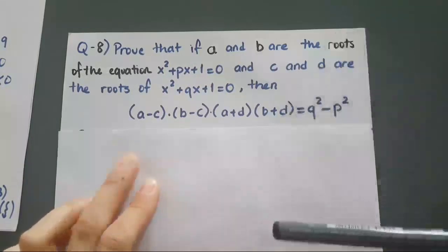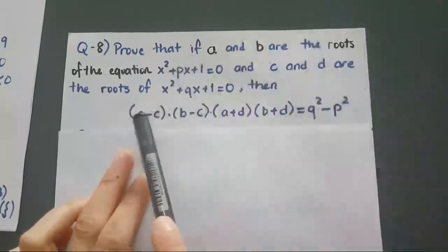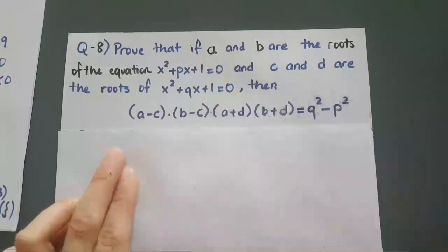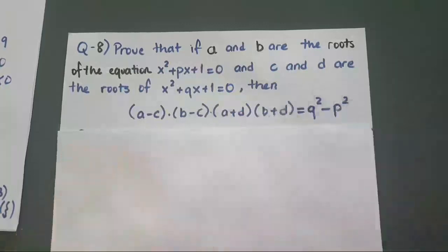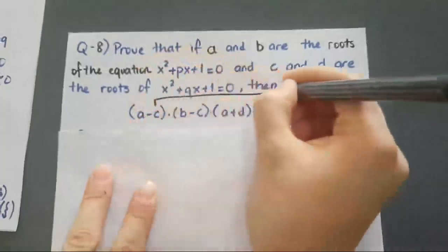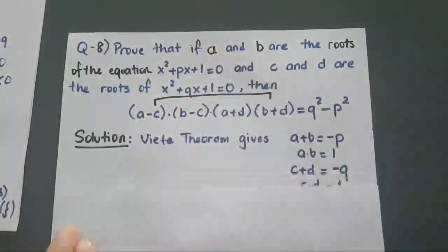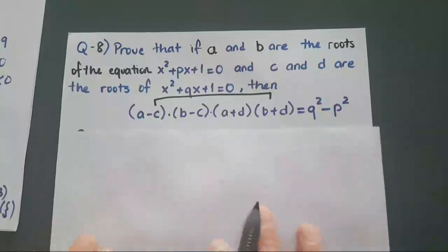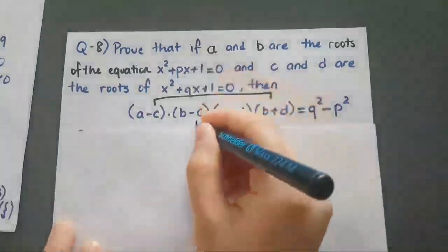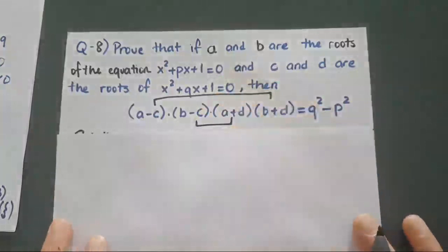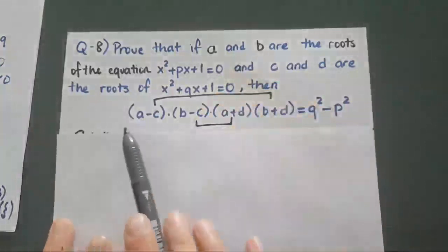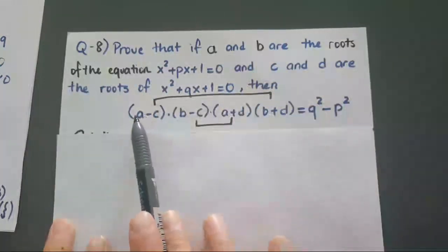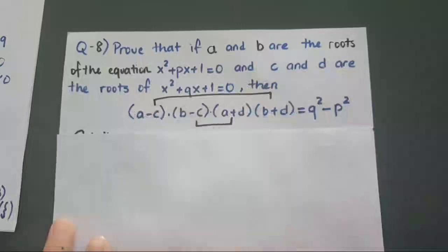So better to choose first by the fourth one and second by the third one. What happens when I group them like this? I will get A times B, I will get C times D, and I will be able to simplify A, B and C, D. Let's see.